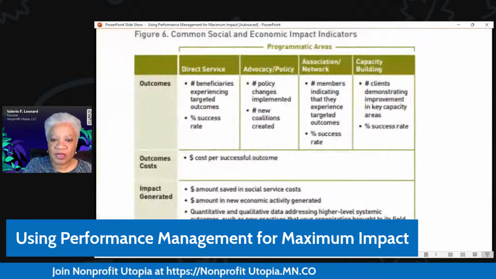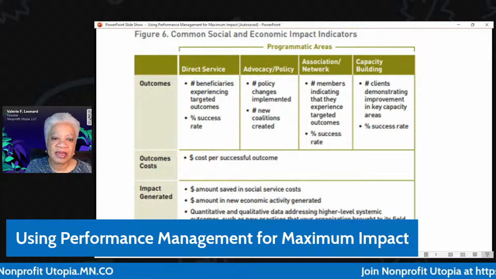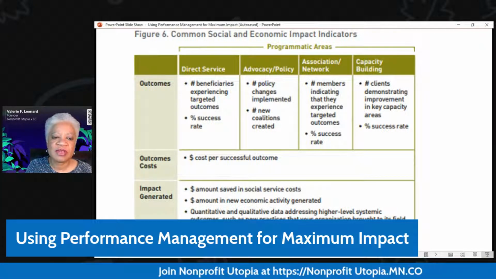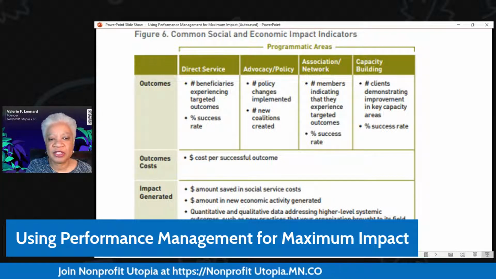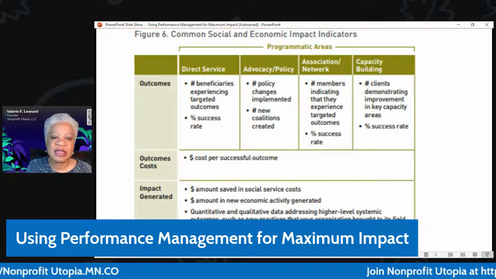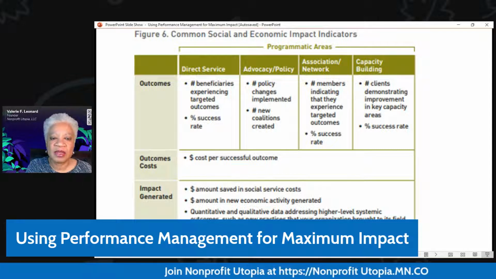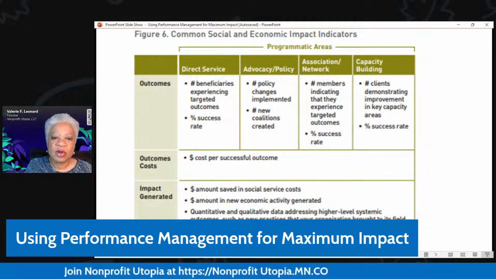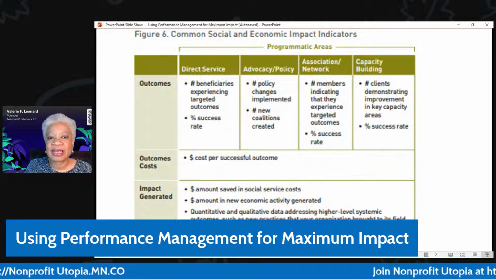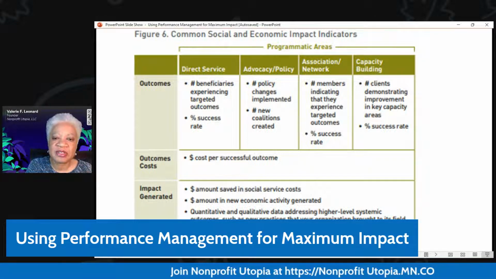Okay. And then here are some common social and economic impact indicators. So we're looking at outcomes and how much it costs us to reach those outcomes, and we're looking at the impact that we generated. So, for example, under direct service, we can look at the number of beneficiaries experiencing the very outcomes that we set out for them to achieve, right? When we look at policy advocacy, we can look at the number of policy changes that were actually implemented, at the city level, federal level, county level, state level.